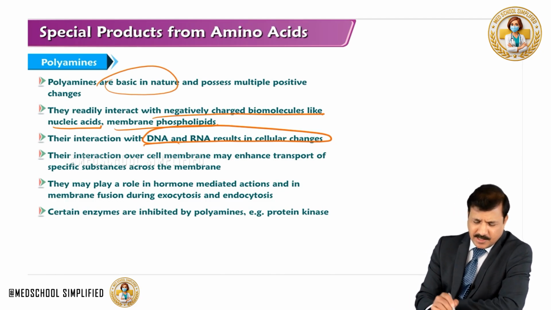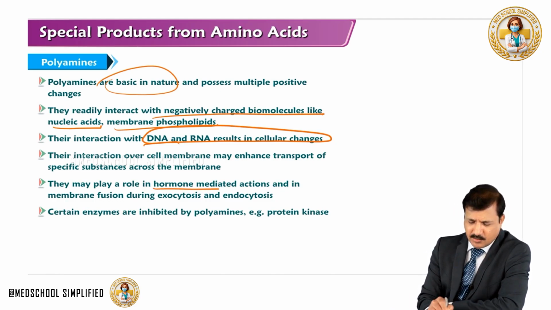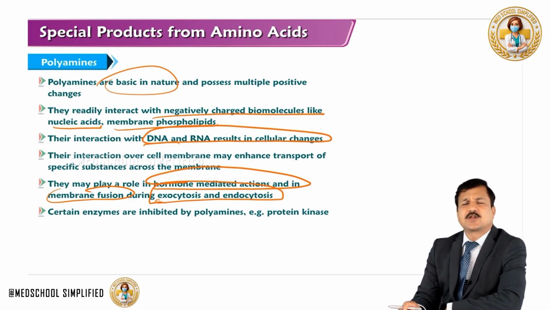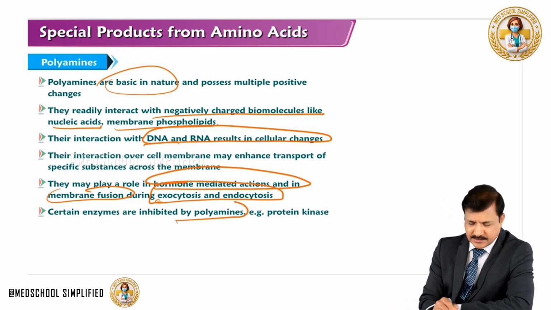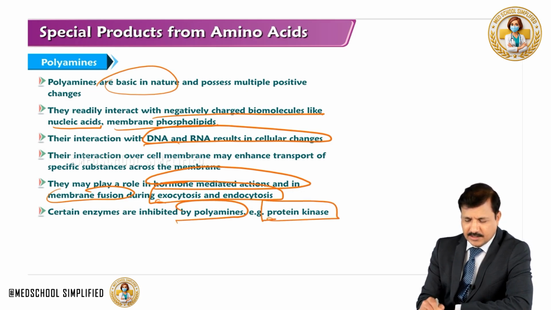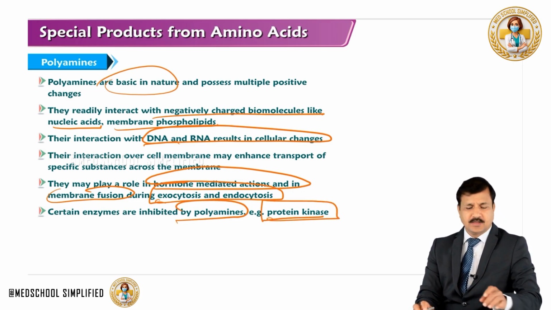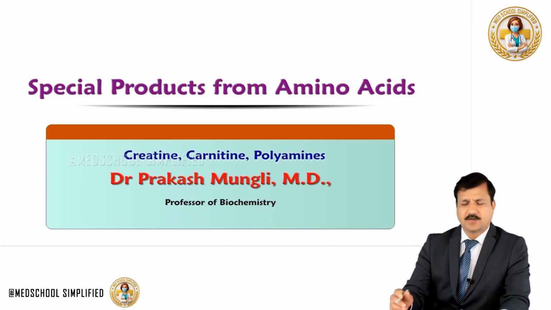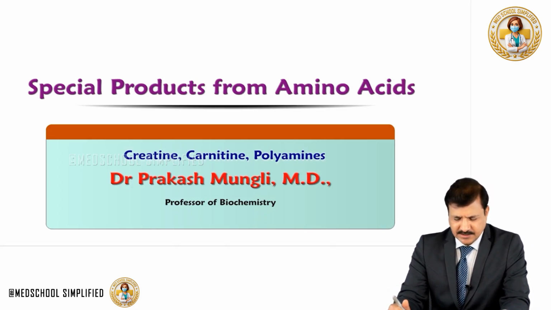Also, they may play a role in hormone mediated actions on membrane fusion during exocytosis and endocytosis, and certain enzymes are also inhibited by polyamines, for example, protein kinase enzymes.